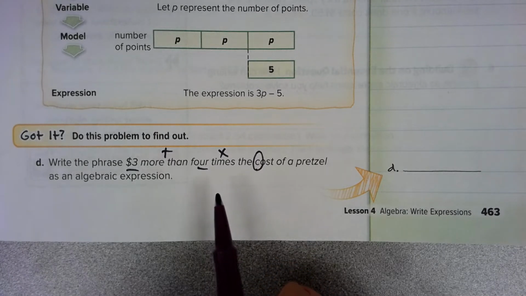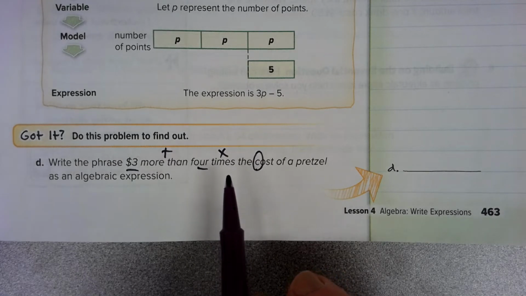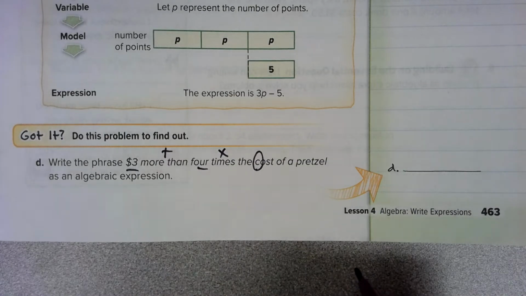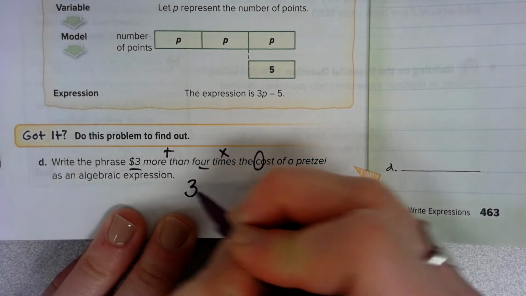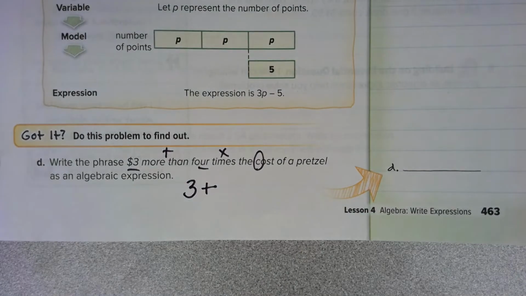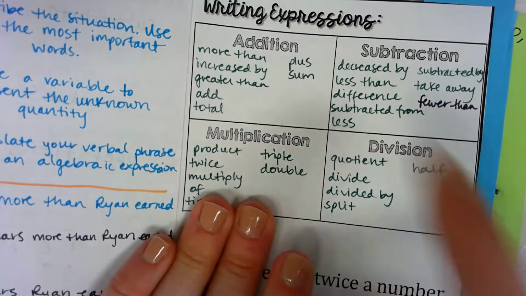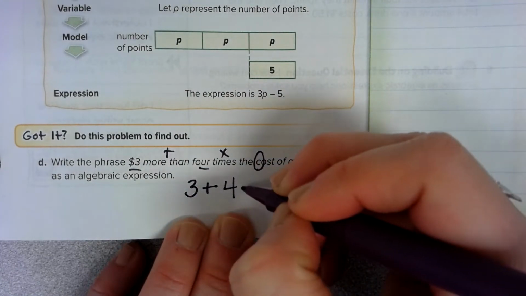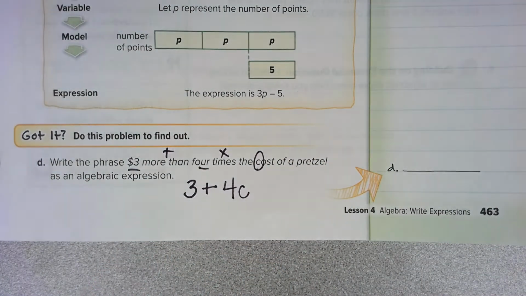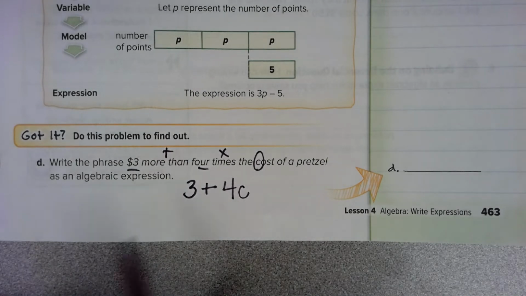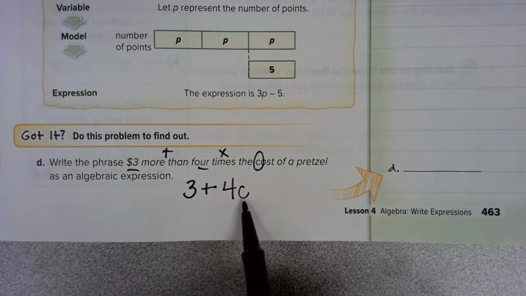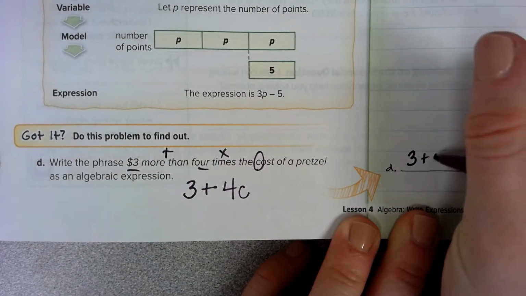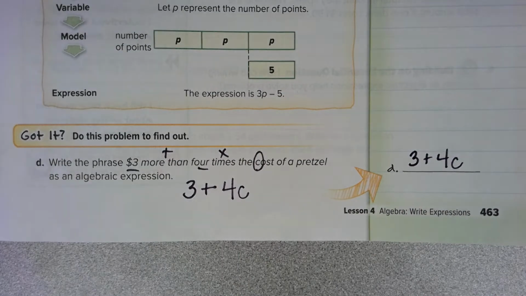But when you're writing the expression, you don't necessarily have to follow a certain pattern. I would start with the left and work your way there. So $3 more than is telling me it's 3 plus, if you look here, we have more than. 3 plus 4 times the cost. Now we can write those right next to each other just like we did up there. $3 more than 4 times the cost is going to give me a total of what I'm paying for. So we do 3 plus 4C.